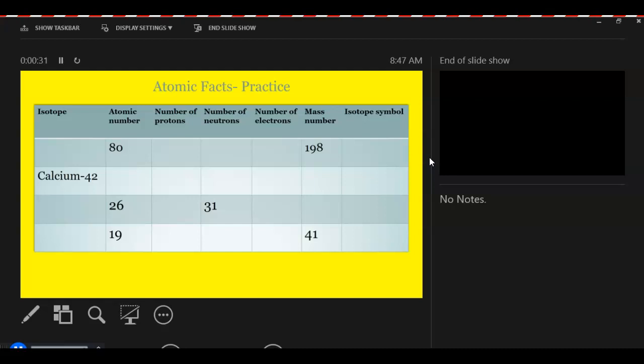If I know the atomic number is 80, I know the number of protons is 80 as well, right? So I'm going to fill 80 in right here. I'm going to skip neutrons because there's a little calculation for the neutrons. But if I know I have 80 protons, then how many electrons do I have?